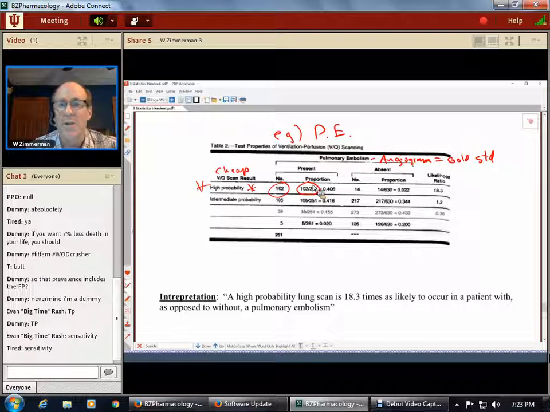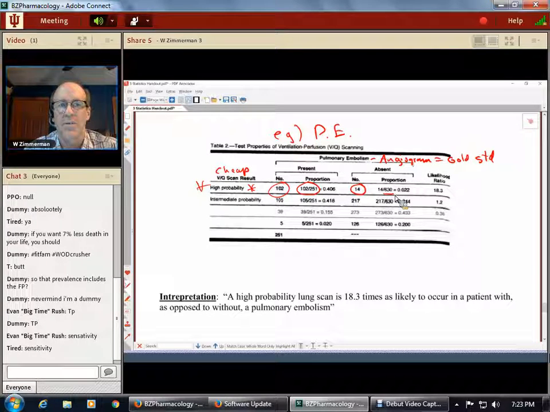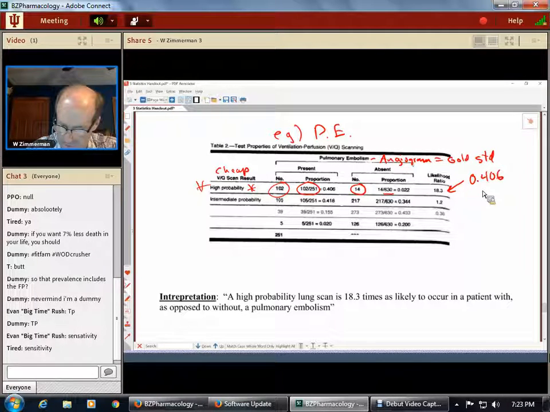But still, we can use this. And on the other hand, it said there were 14 patients that had the pulmonary embolism, and 630 that did not. So we could divide these. That 18.3 comes from 0.406 divided by 0.022.